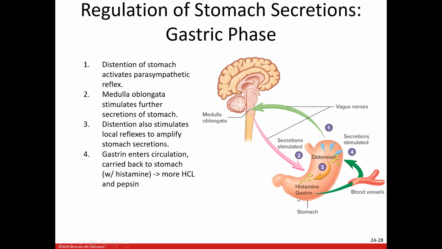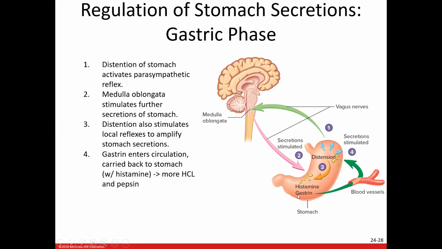So instead of there being, again, stimulation by thoughts of food or interactions with food aromas, the stomach is going to be distended because the rugae are filling up with food content, stretching the stomach, creating a signal to send to the brain. The brain is going to send a signal back to the stomach saying, hey, we have food in the stomach. So we need to produce more compounds to be able to digest this and break this down.